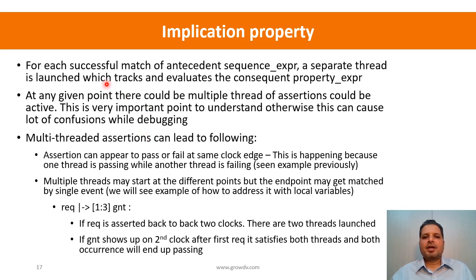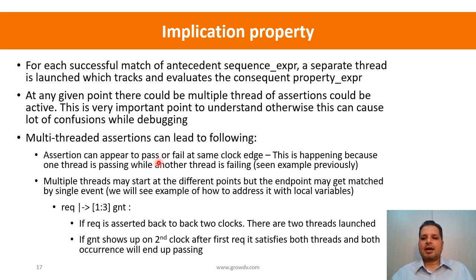In the implication operator, on every successful match of your antecedent sequence expression, which is on your left-hand side, a separate thread is launched which tracks and evaluates the consequent property expression, which is your right-hand side. Because of this, there can be multiple active threads, and you need to keep this in mind, because multi-threaded assertions can sometimes lead to very confusing results.